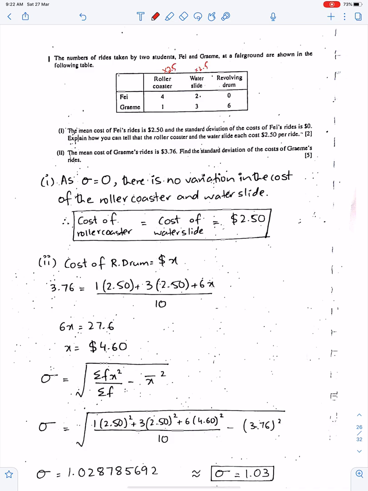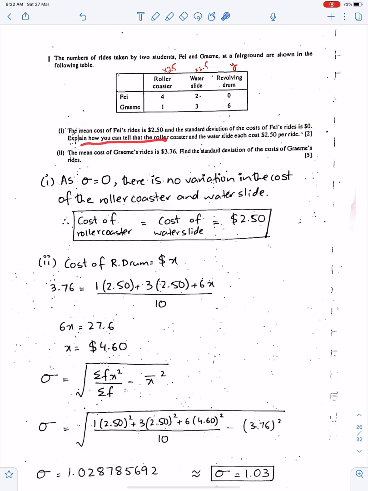This is also 2.5 and we don't know about this because this is 0. So standard deviation 0 means there is no variation in the cost of the roller coaster and water slide. Or you can also say all rides must cost the same. This is the answer of the first part.